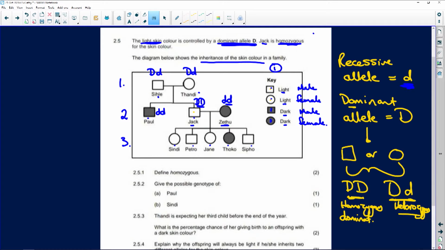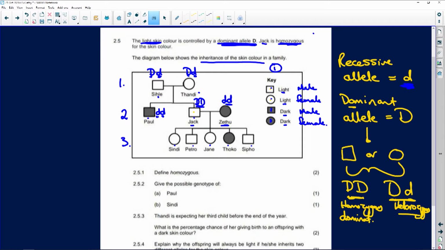Why? Because this d has to come from mom, and that one has to come from dad. So one allele from mommy and one allele from daddy, so they are heterozygous. Jack got dad's dominant allele, and mom's dominant allele gave him his second one there.